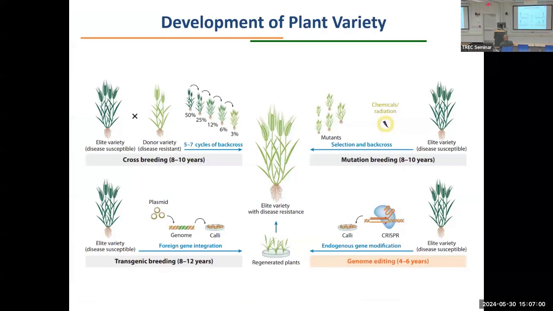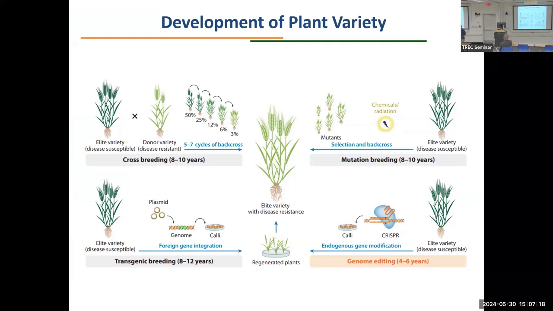So if we have to develop a plant variety using any of the technologies available, how much time will it take to develop a variety? With the help of crossbreeding, it will take like 8 to 10 years to release a variety.